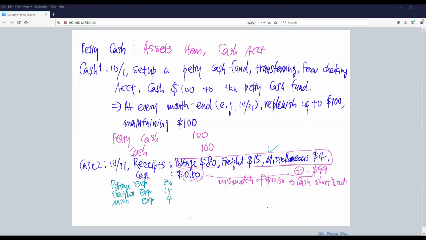And then what you should do is you're replenishing the cash. How much cash do you replenish? You need to replenish as you have only 50 cents. You should replenish 99.50.